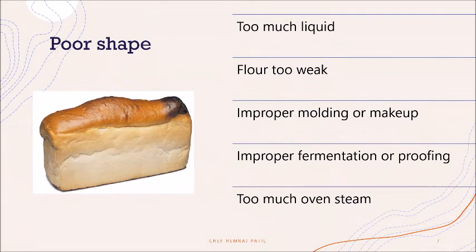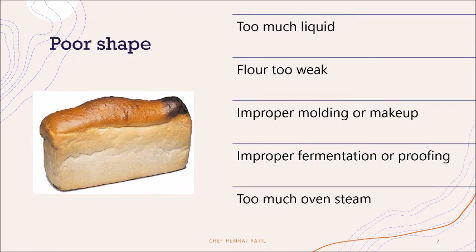So when doing that, you need to make sure that it is done properly. If it is made manually, then the dough should be very tight, and if you are putting it in the mold also, then evenly it should be added and pressed properly.